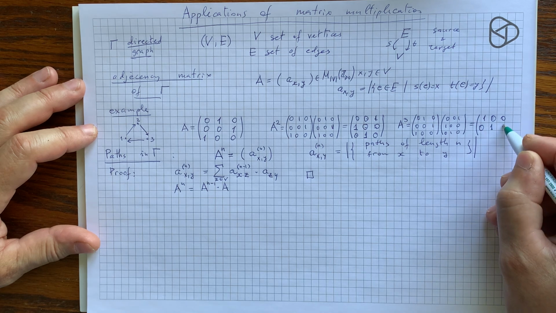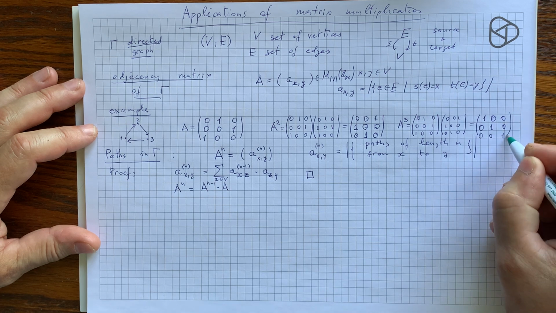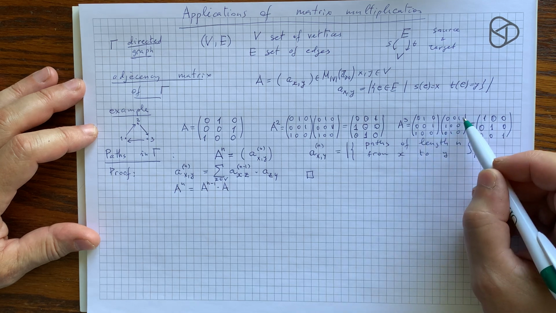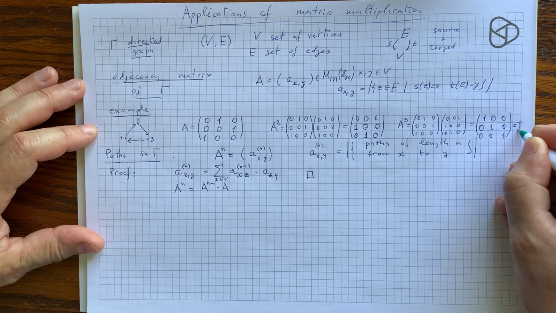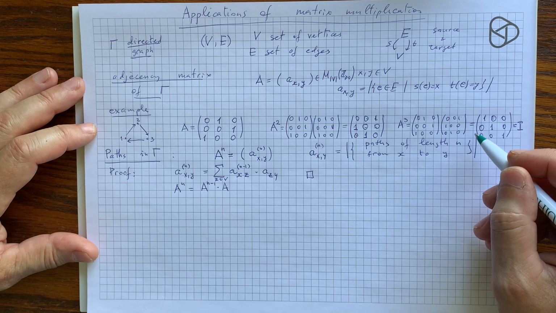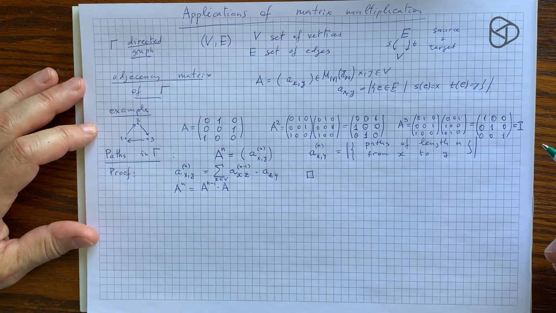And here, splitting it up, we'll have 2 zeros and 1 again in the last diagonal place because of 1, 0, 0 matching with 1, 0, 0 again. So that is nothing but the identity matrix. And that means that in this example, the powers of our matrix A are periodic.